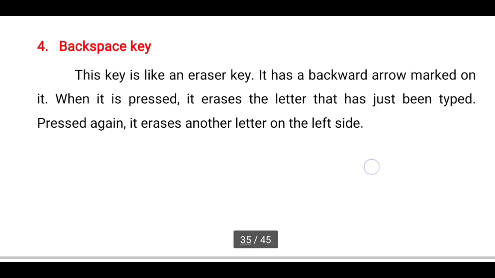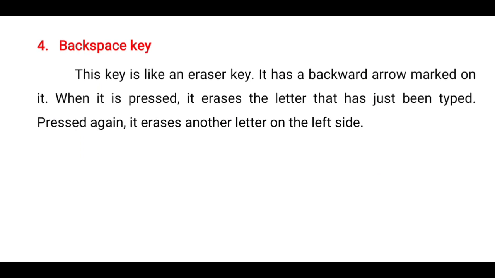The third special key, we call it what? Backspace key. Backspace key is like an eraser key. It has a backward arrow marked on it. When it is pressed, it erases the letter that has just been typed. Pressed again, it erases another letter on the left side.